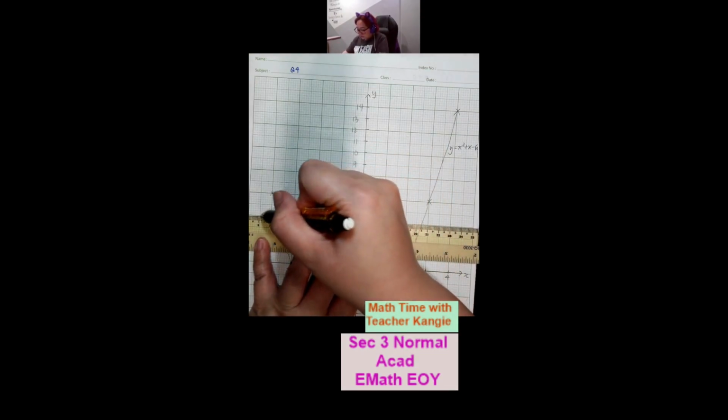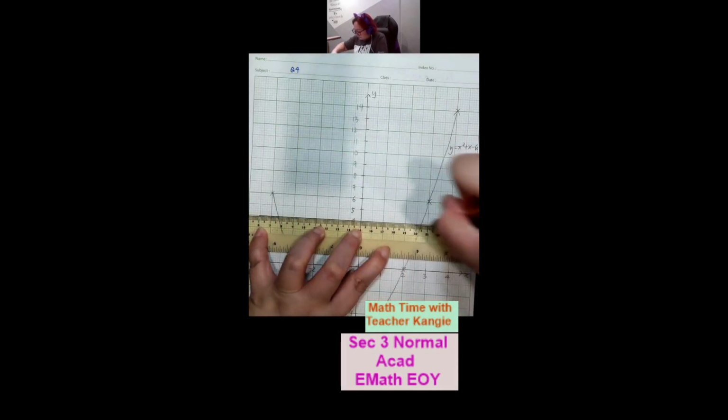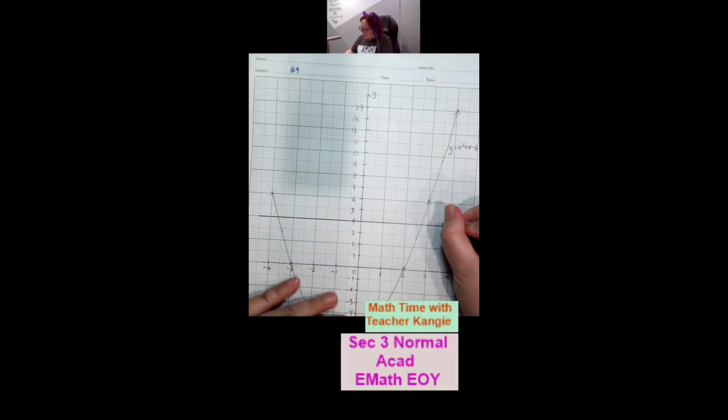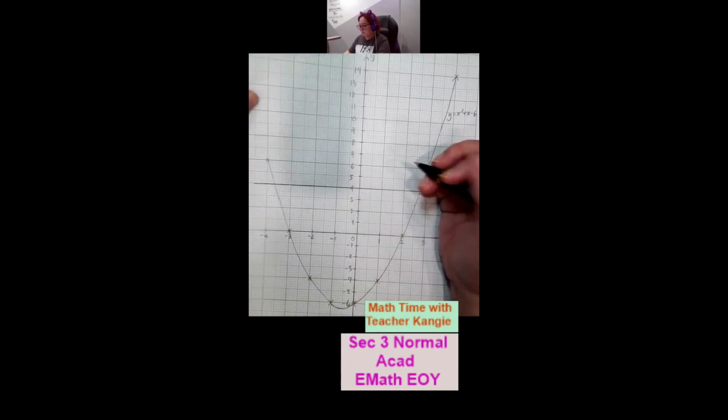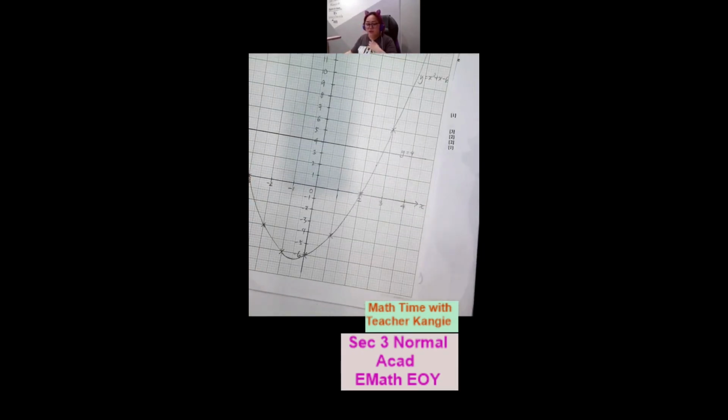So I can draw the horizontal line and label this as y equals 4. During the exam, you don't have a computer generated graph left.